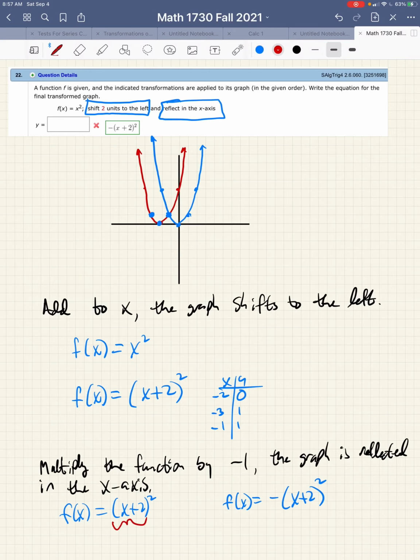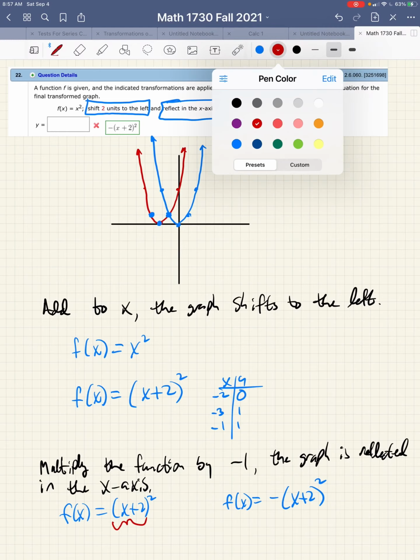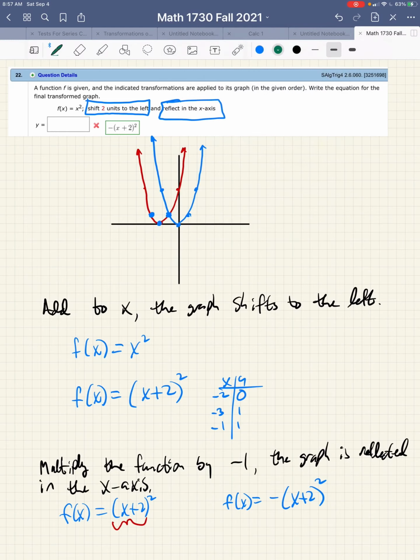And so we should multiply that whole thing by a negative. Now, the result of that would be a graph that is rotated about the x-axis. And it would look like this.